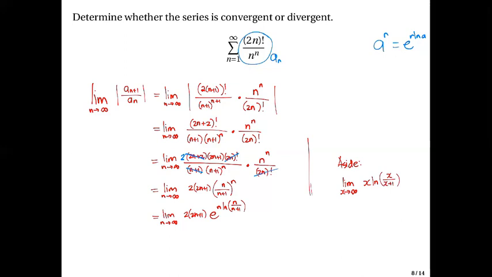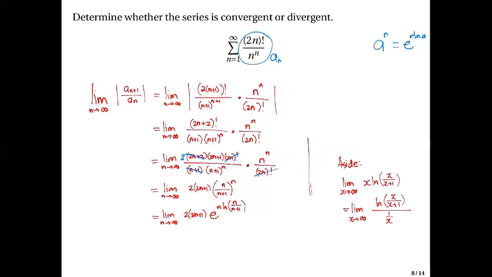So what you're going to do is to rewrite this. How are we going to rewrite this? You will have the limit as x approaches plus infinity of ln of x over x plus 1, all over 1 over x.